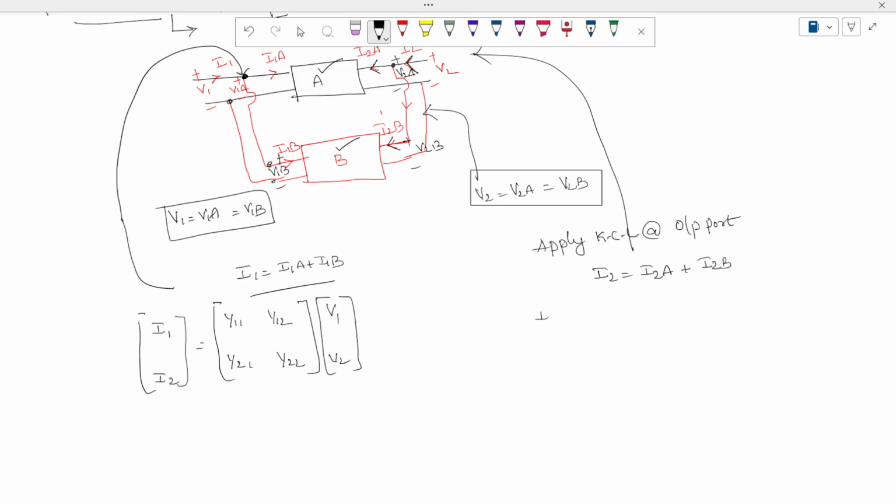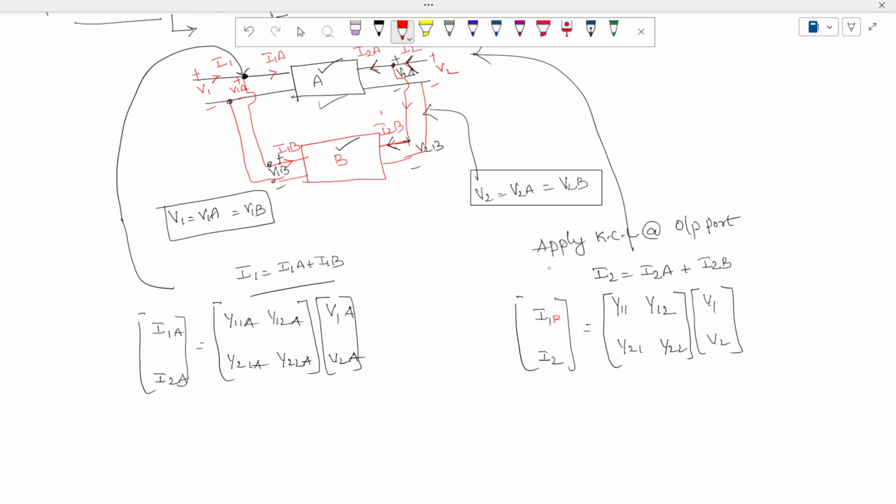And similarly here, I1, I2 is equal to y11, y12, y21, y22 multiplied with V1, V2. The first is with respect to A, so put the suffix A here. And this is with respect to two-port network B, so put the suffix B here.